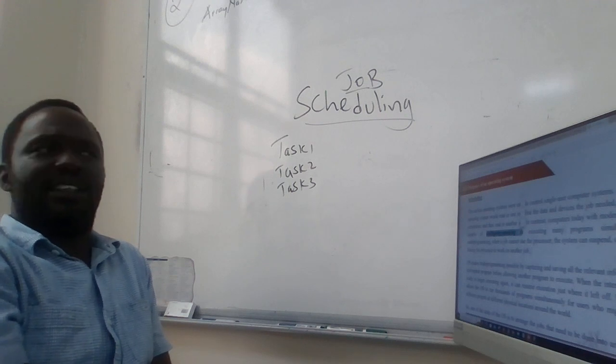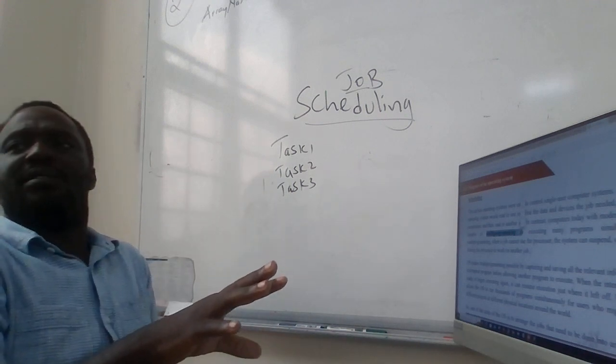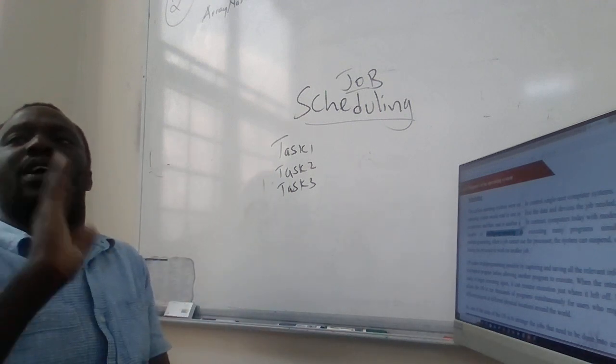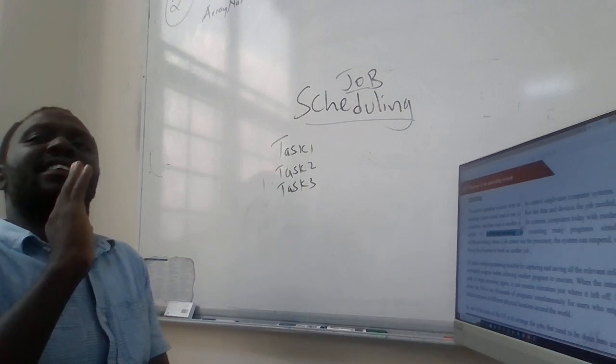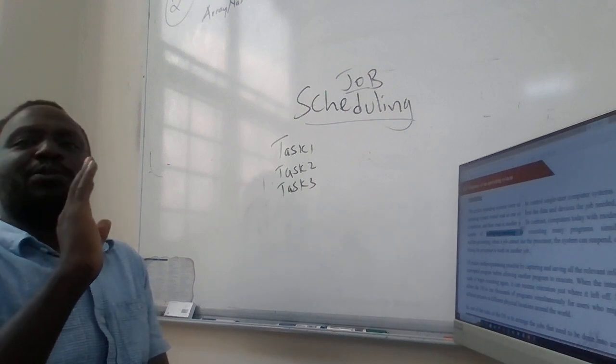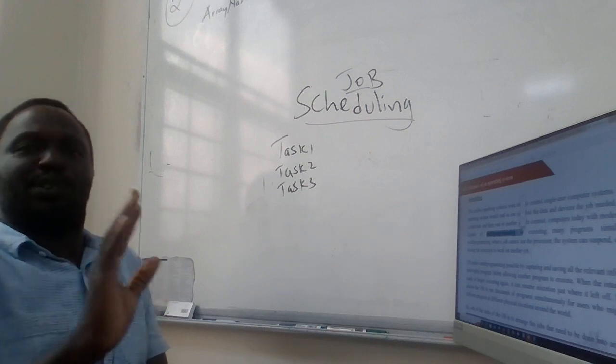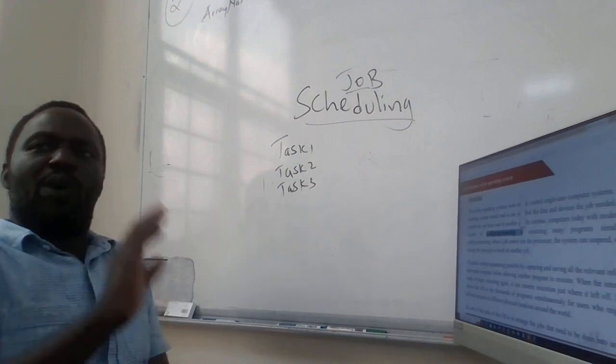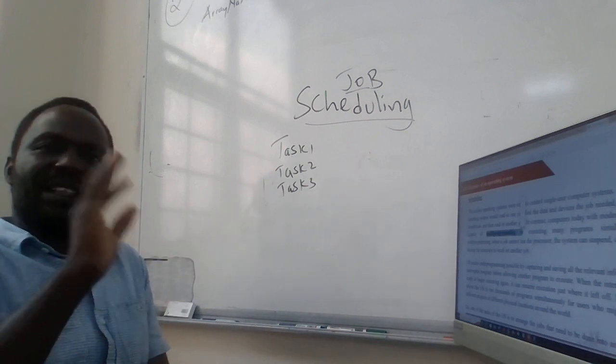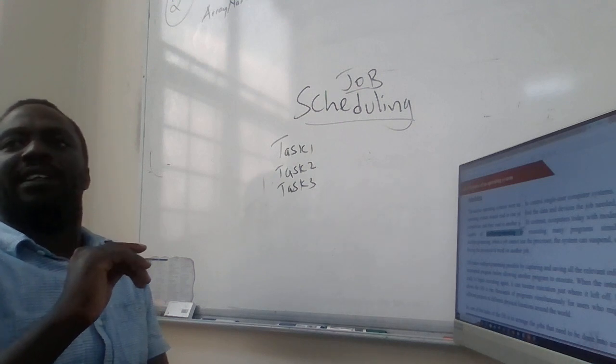What do you mean by that? When you open Microsoft Word, you can't open any other program until everything you want in Microsoft Word is finished and you've closed Microsoft Word. When you open WhatsApp, only WhatsApp will be allowed to be open.